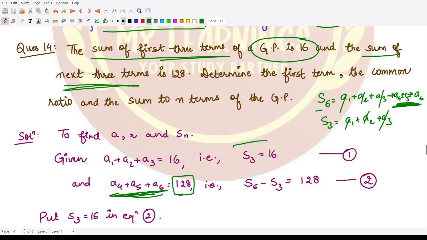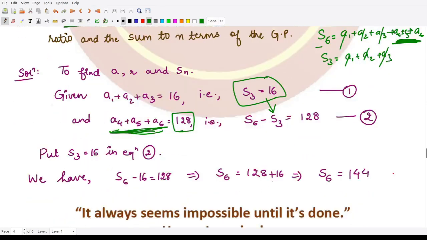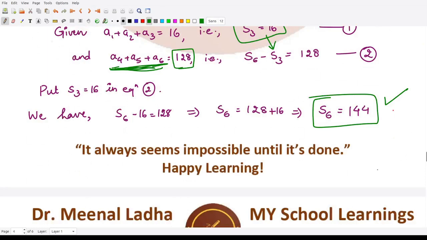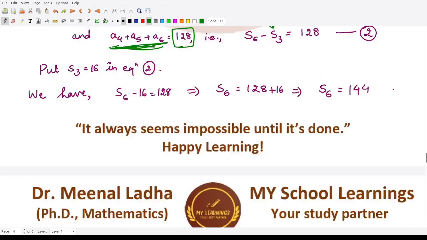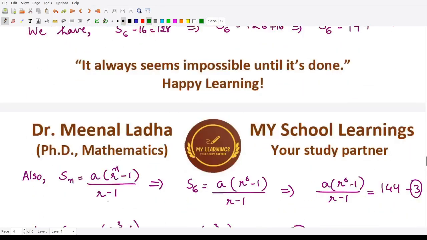Now, because S3 is 16, we can substitute its value as 16 here, so that the value of S6 comes out to be 144. Correct? And moreover, we know the formula for Sn. The formula for Sn is a(r^n - 1)/(r - 1).